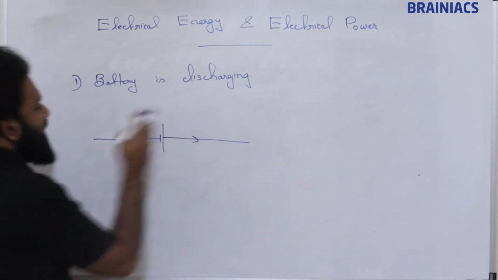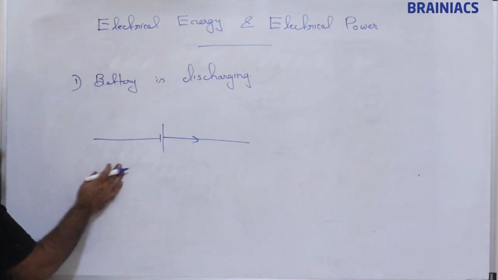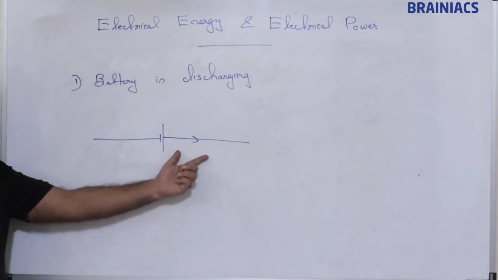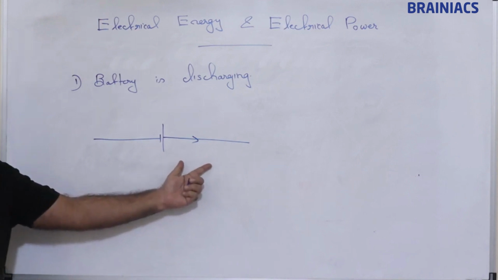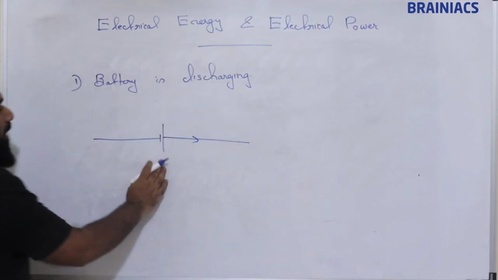So this is what is discharging of the battery. If we are charging, then current will be entering through the positive terminal. We will keep a big battery in order to charge this battery. Okay, so what can we say?